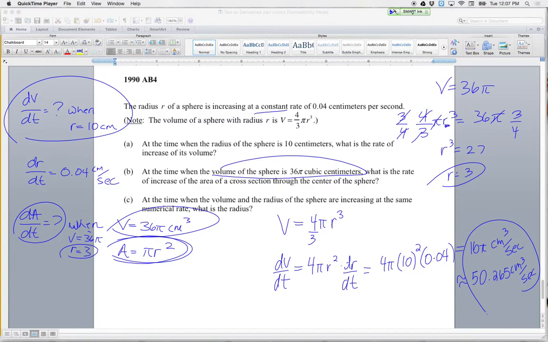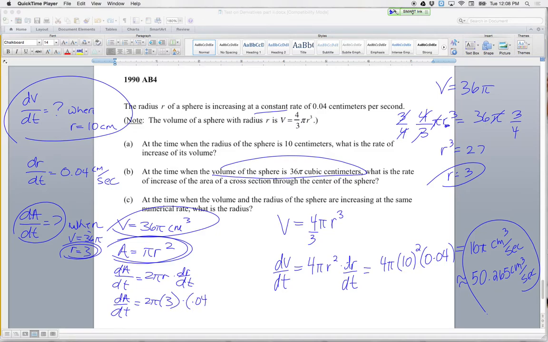All right, so we got r equals 3. Let's take the derivative. We're going to have dA/dt equal to 2 pi r times dr/dt. So dA/dt is going to be equal to 2 pi times what for r? 3, times dr/dt, which is 0.04.